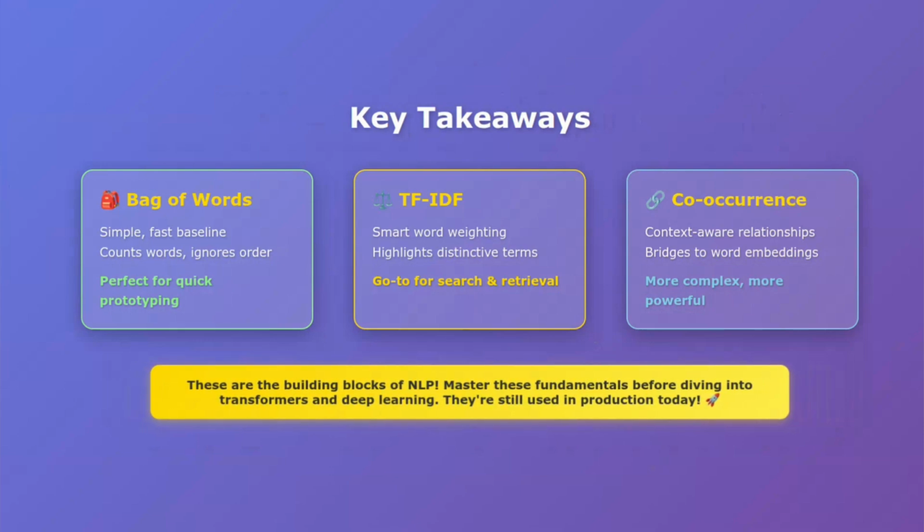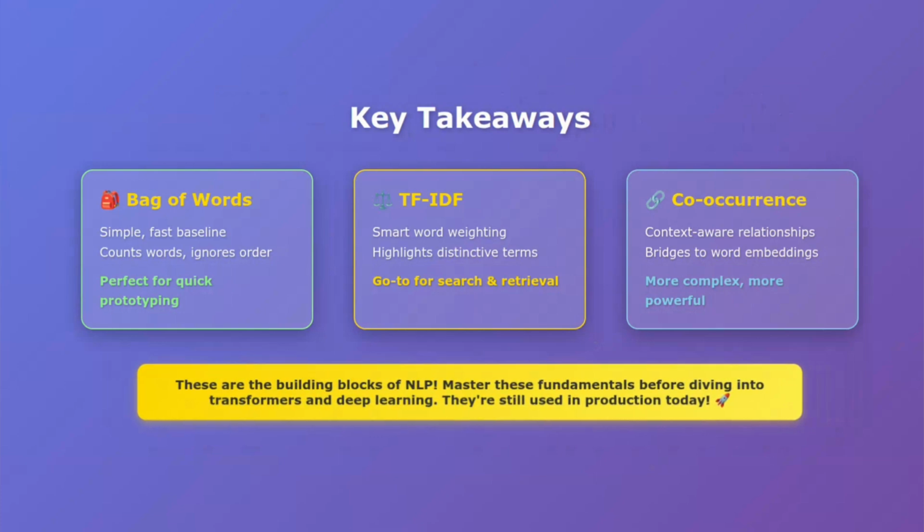These 3 techniques are the building blocks of NLP. Before you jump into transformers and BERT and all the fancy deep learning stuff, make sure you understand these fundamentals. They're still used in production systems today because they work, they're fast, and they're interpretable. Master these basics and you'll have a rock-solid foundation for everything else in NLP.